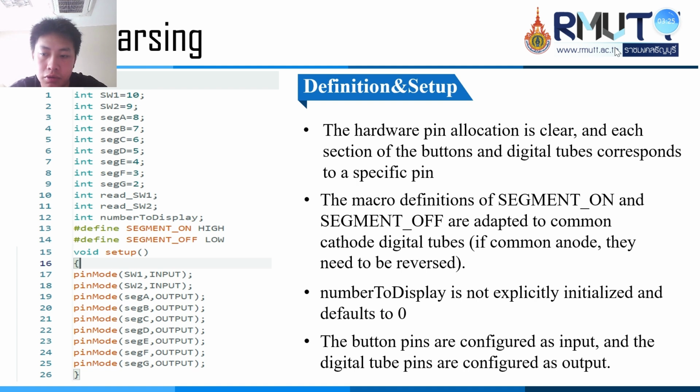If it's not common cathode, they need to be reversed. The number to display is implicitly initialized to 0. The button pins are configured as input, and the digital tube pins are configured as output.